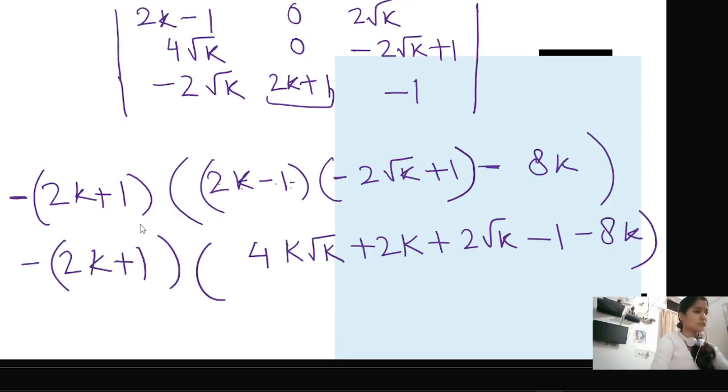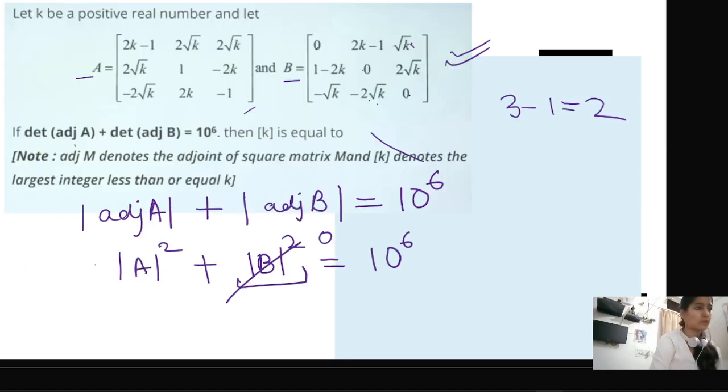Yeah, okay. Let me check again. So from here 2k minus 1, minus 2 root k. This one 2k plus 1. Minus 2k plus 1. Here we are getting minus 2k plus 1. How?